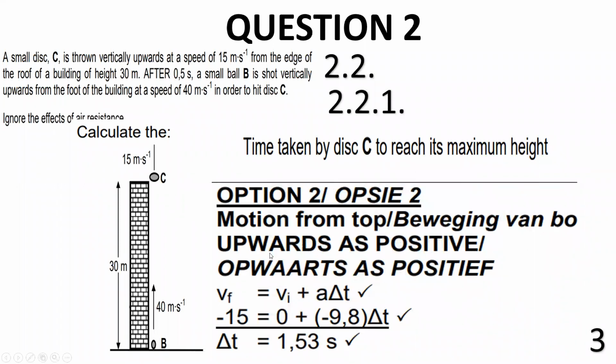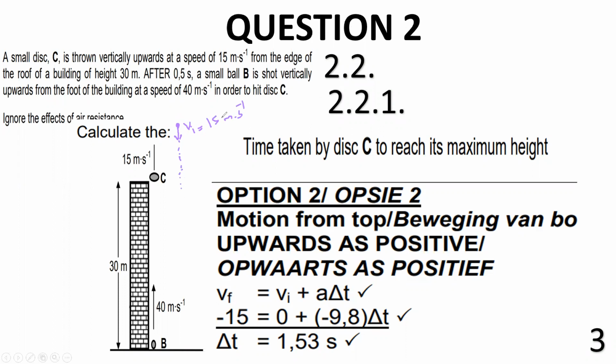Now, up is positive, option 2 for maximum point time taken. For this option, if the object is going up to the highest point, and from the highest point the object will come to the initial position. Okay, let me just double check.